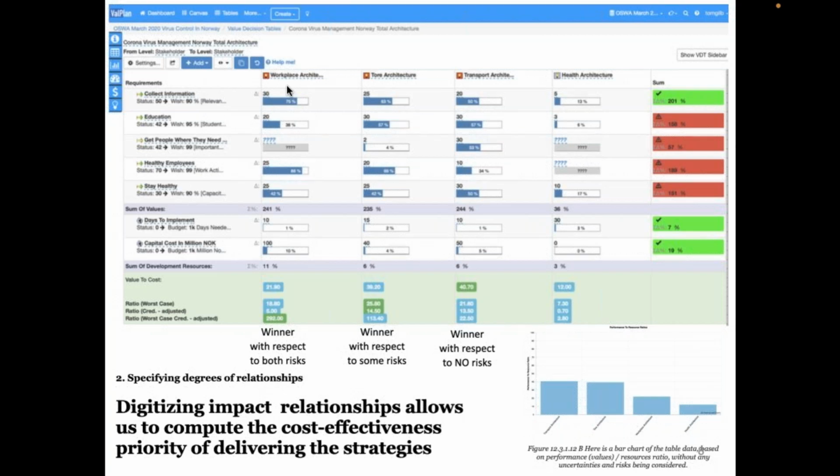This becomes, if you like, a queue of things to do moving into your sprints, for example, in Agile. And we can also sort exactly the same thing in terms of a bar chart. Okay, so this is number one in value to cost with respect to, and we can choose, plus or minus uncertainty, credibility, or just a raw score.